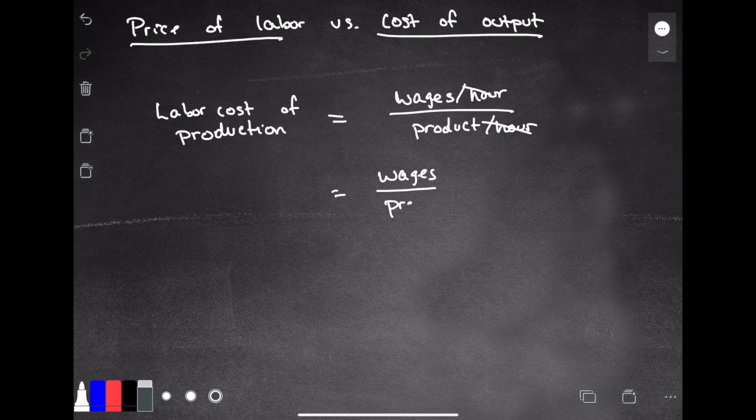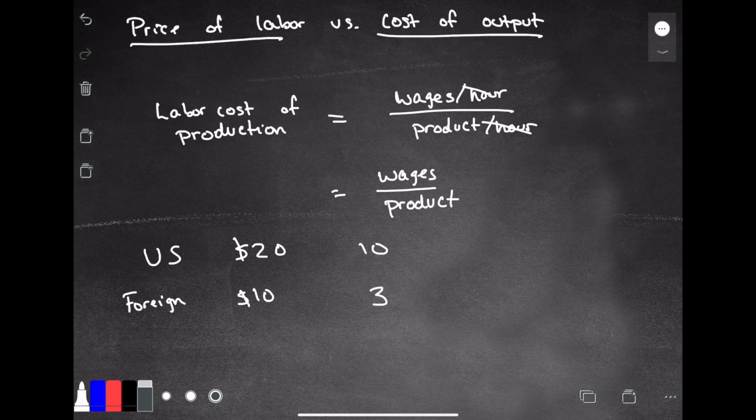divided by product. So let's suppose that a worker in the US earns $20 per hour, and in that hour, they are able to produce 10 units of some product, whatever this is. A worker in a different country, which we'll just call a foreign country, might get paid, let's say, $10 per hour and only produce 3 units of some product.